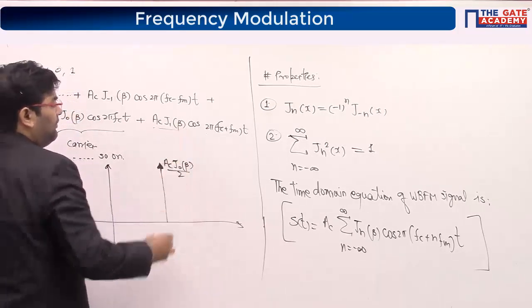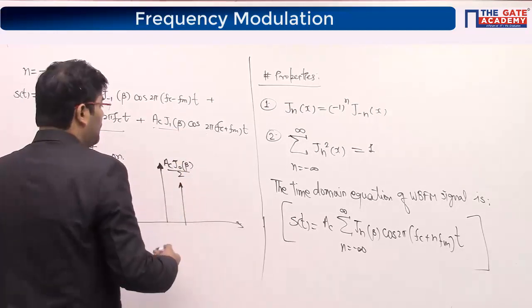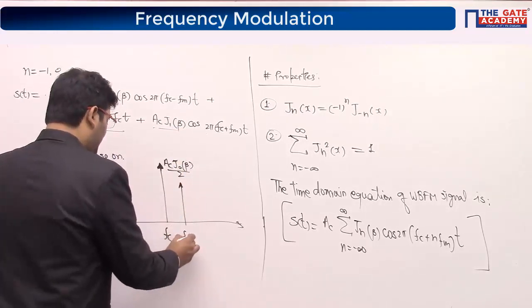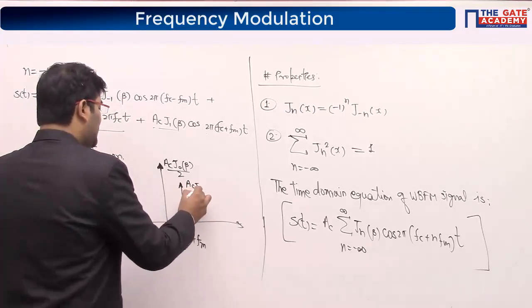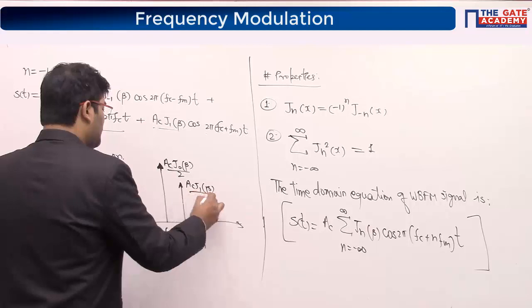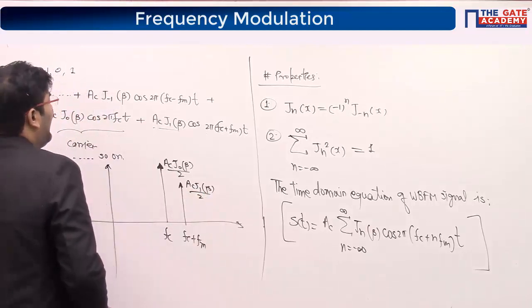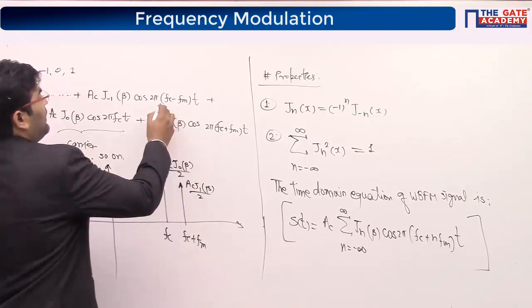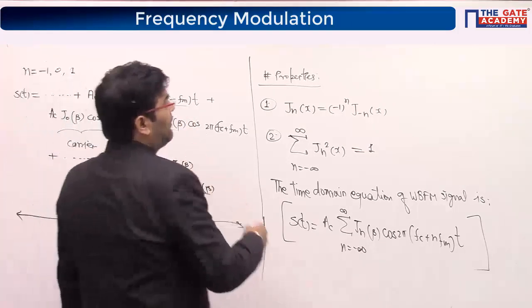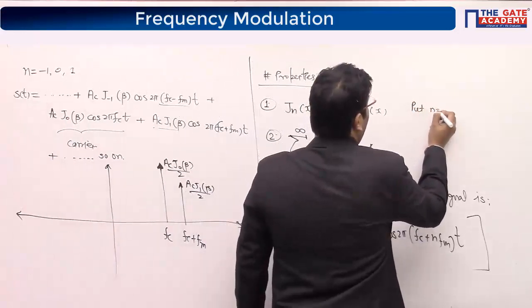Because of this term, you will get another impulse, the upper sideband, Ac J1 beta by 2. And then you get Ac J minus 1 beta by 2 at fc minus fm, and then this formula will be used. Put n equal to 1 in property number 1, guys.